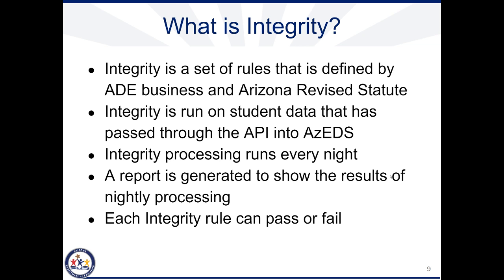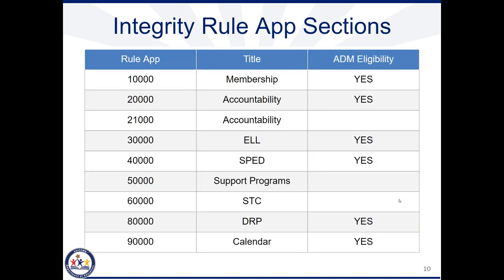Typically, the report that you're going to pull for integrity is the one that immediately tells you which student elements failed. But if you are curious about the data going through, you can also run a report to see if data did pass integrity. Integrity is broken up into different sections, and the rules are broken up into different numbers.